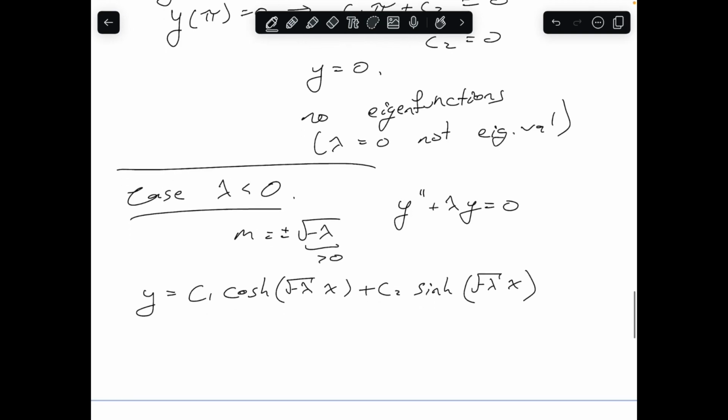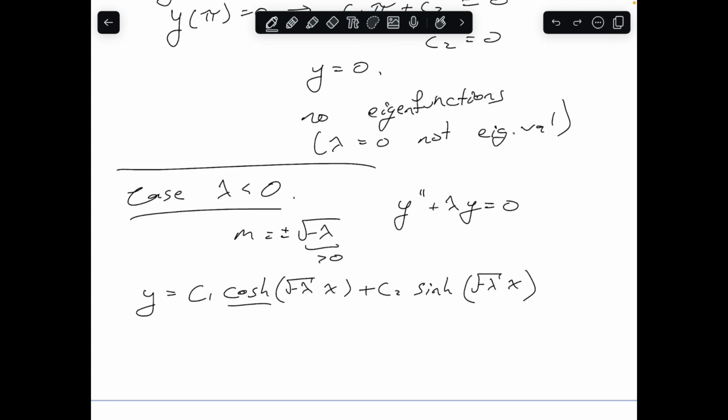And this is basically just because the second derivative of cosh would just be itself, but then each time that you take a derivative, the chain rule pops out a square root of negative lambda.